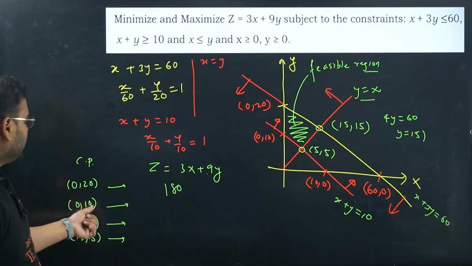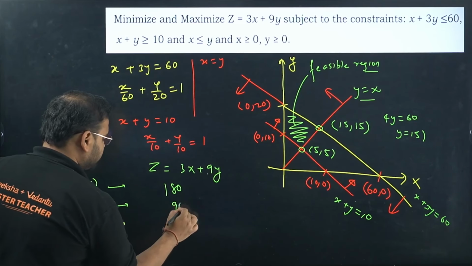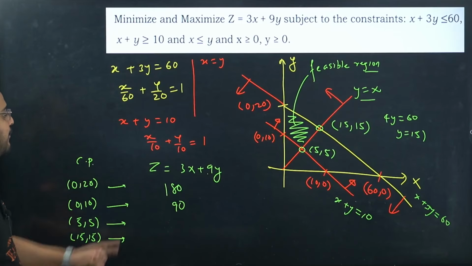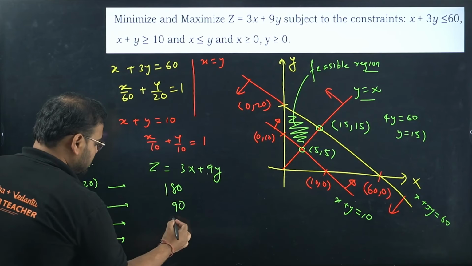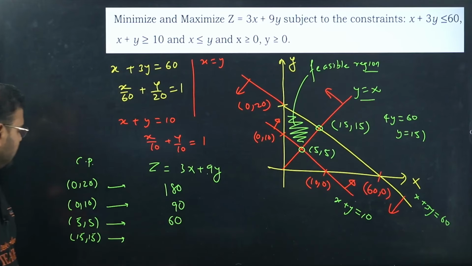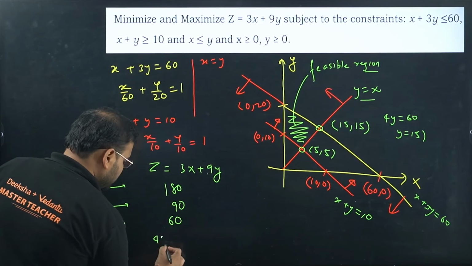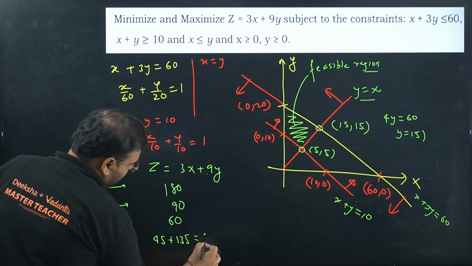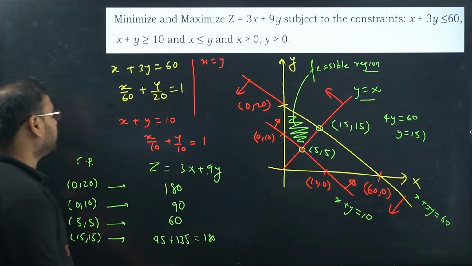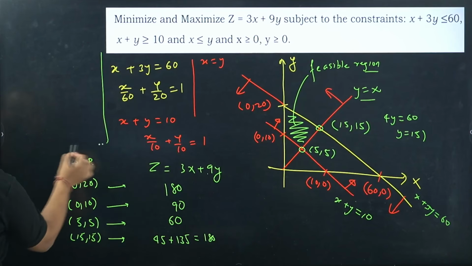Next, 0, 10: so 90. 5, 5: 15 plus 45. 5 into 3 is 15, 5 into 9 is 45, the sum will be 60. This is my minimum, I guess. 15, 15: 15 into 3 is 45, plus 15 into 9, so 135. The sum will be 180 again. Okay. Yes, I have my answers.